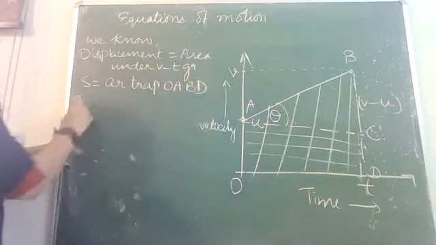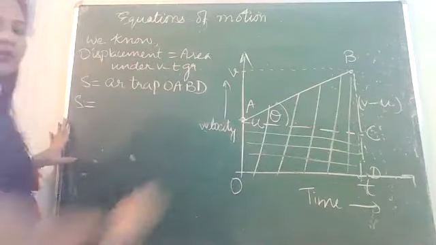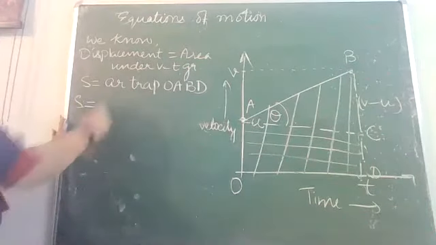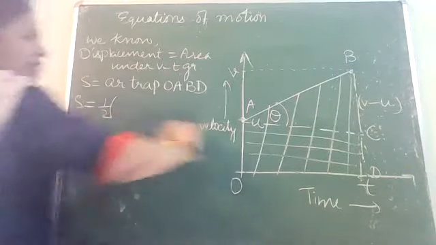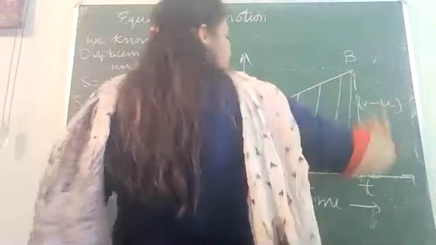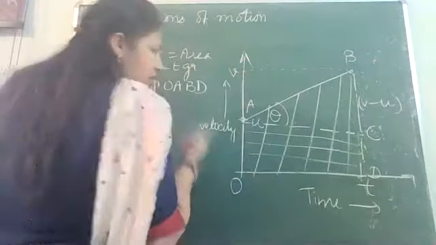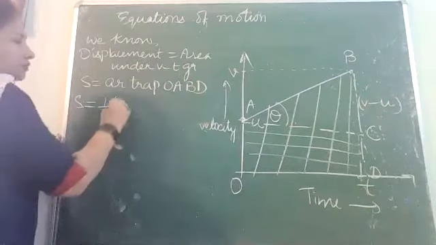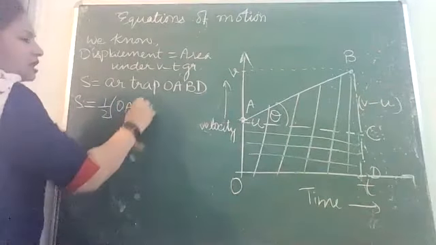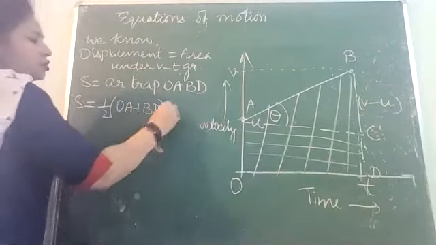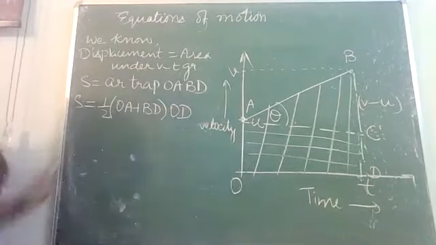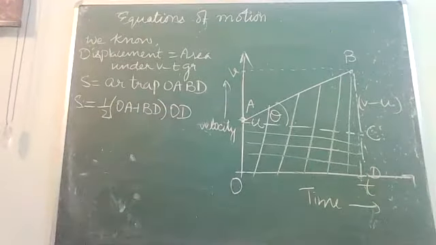So we have written the whole area now as the area of trapezium. What is that? Half into sum of parallel sides OA plus BD into perpendicular distance OD. I have already told you: half into sum of parallel sides into the perpendicular distance between those parallel sides, the straight line distance between those two parallel sides.